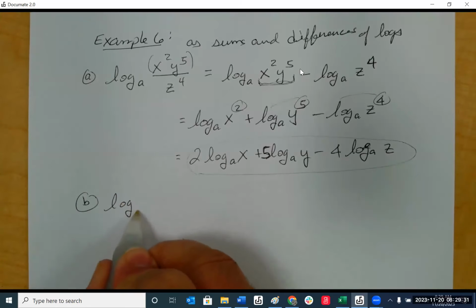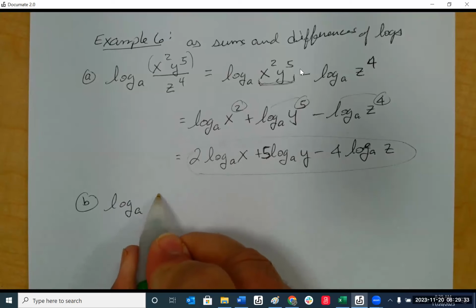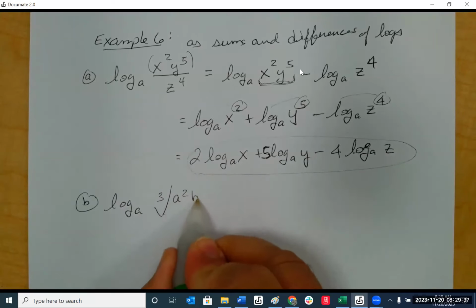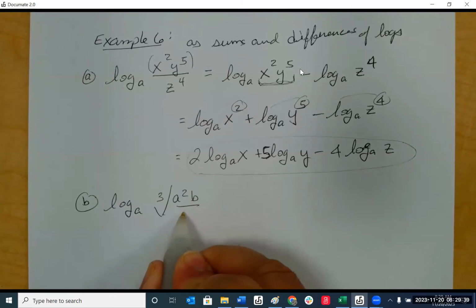The next one: log base A of the third root of A squared B over C cubed, or C to the fifth.